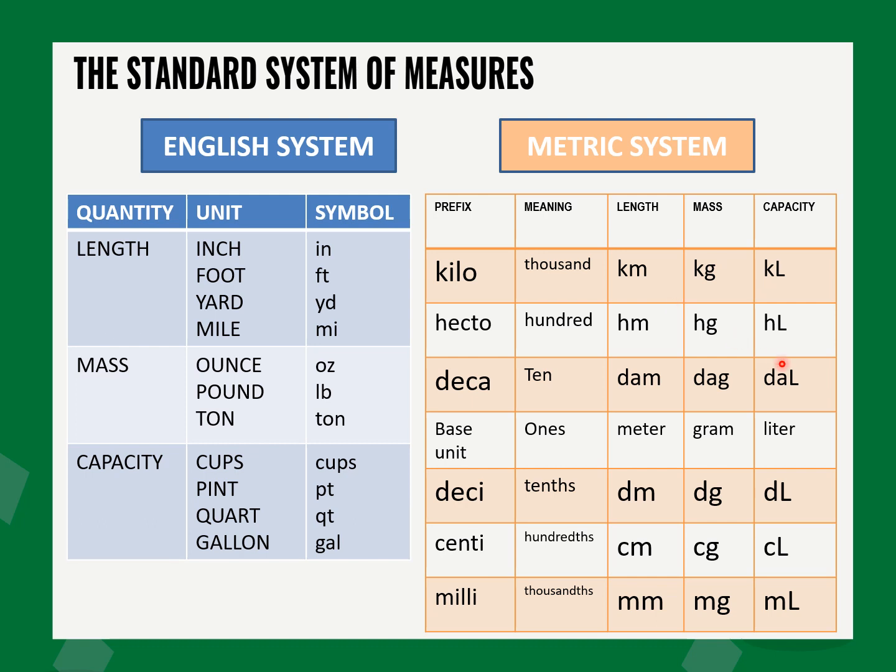For the unit of mass in the metric system, we have kilogram, hectogram, decagram, gram, decigram, centigram, and milligram. The common metric units for capacity are the liters and milliliters.